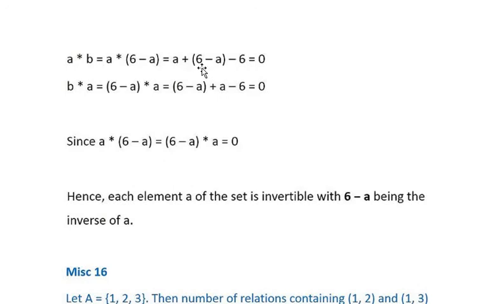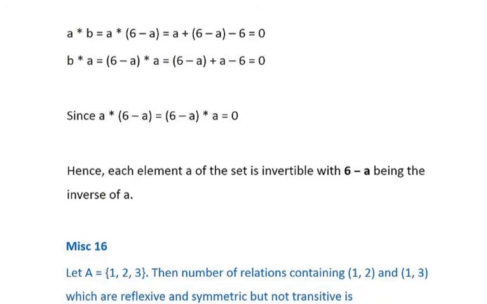Because we need to use this formula according to the definition of star. Similarly, (6 minus A) star A will be A plus B minus 6, but with the first element here, 6 minus A plus A minus 6 will be 0. So we can say that each element of the set is invertible, with 6 minus A as the inverse of A.